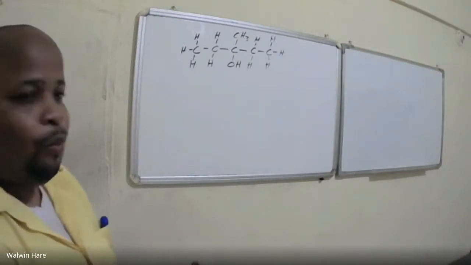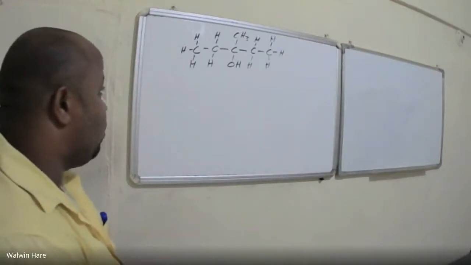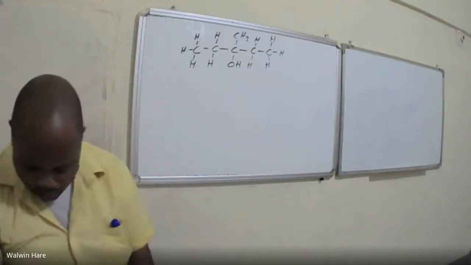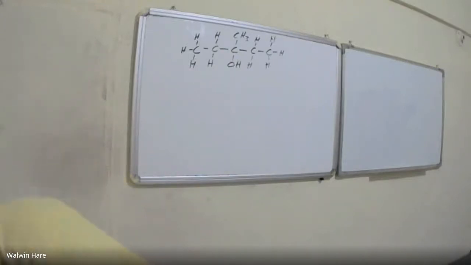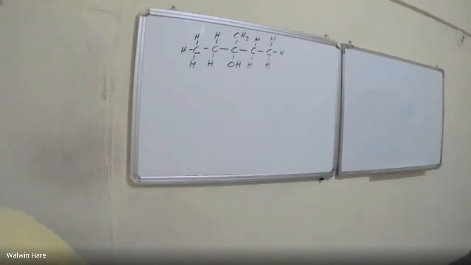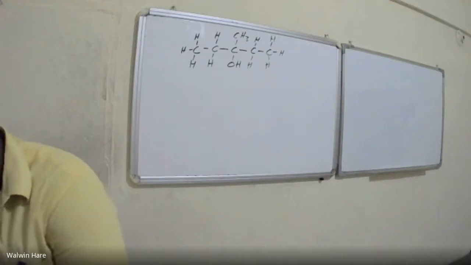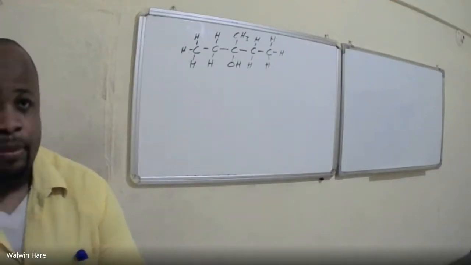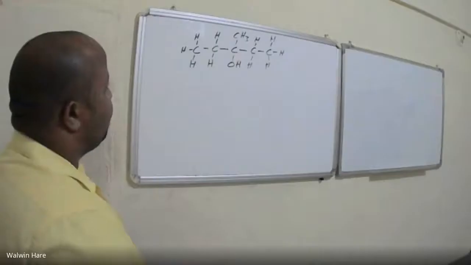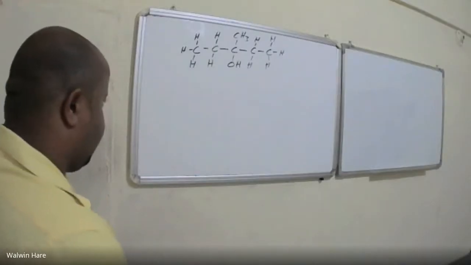And before I answer what type, how many types of alcohol do we have? What are the three categories? Primary, secondary, and tertiary. Correct. And what is that one on the board? It's tertiary. How do you know? Because the carbon with the functional group is attached to other carbons.